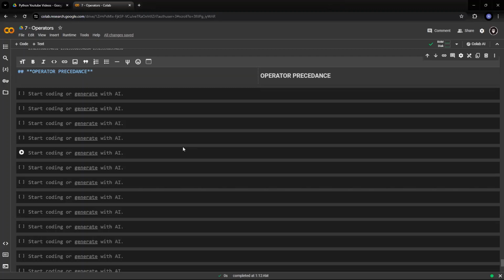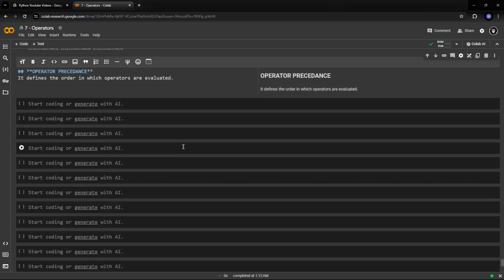In other words, the order of operator evaluation is determined by the operator precedence.